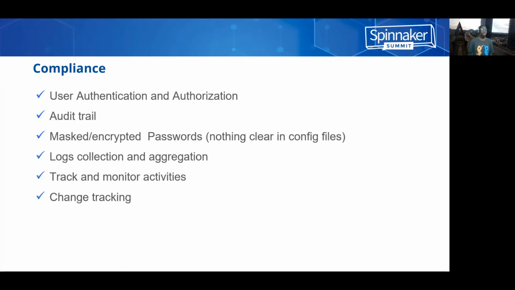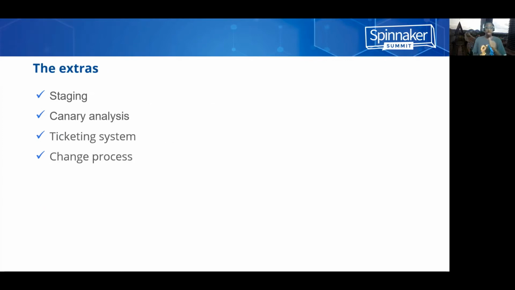So what about the other compliance checklists given by the new Digital International Bank? User authentication is there: authentication, authorization, audit trails, password masking, log collection, tracking and monitoring, and change tracking. All those are there. The extras, of course: we've done staging, we've done the canary analysis, we've integrated into the existing ticketing system, and we've designed a pipeline that fits the existing change process.